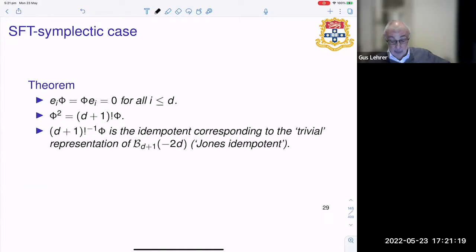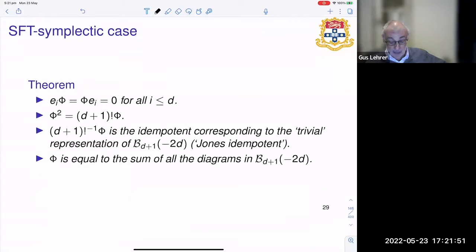That idempotent is the so-called Jones idempotent of this Brauer algebra, so it corresponds to the trivial representation. So although this algebra is not semi-simple, it's still the trivial representation does split off from the algebra.